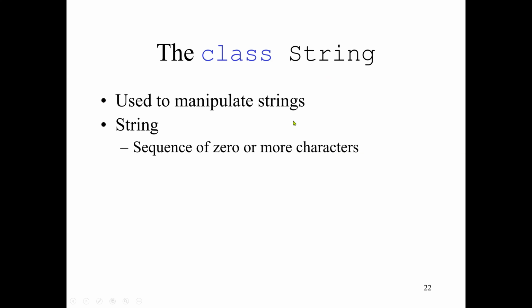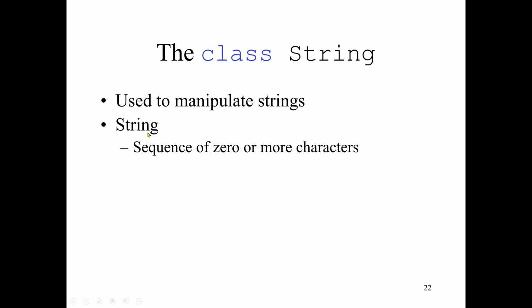For example, if I have a string in lowercase, I can use a method called toUpperCase to convert it from lowercase to uppercase. I can use a method called length to get the size of the string. The size of the string gives me the number of characters or symbols that the string consists of.